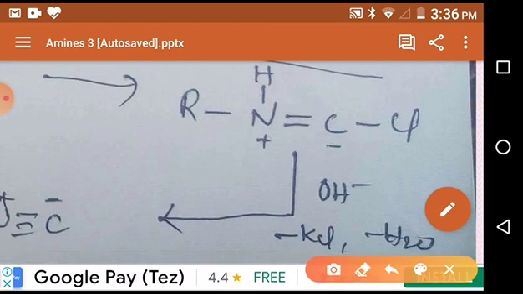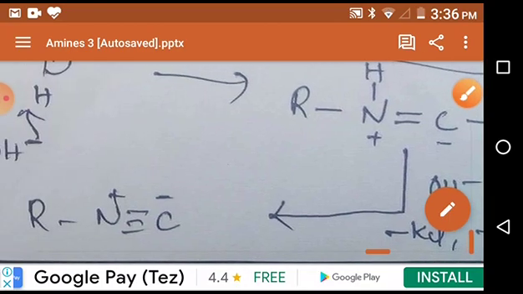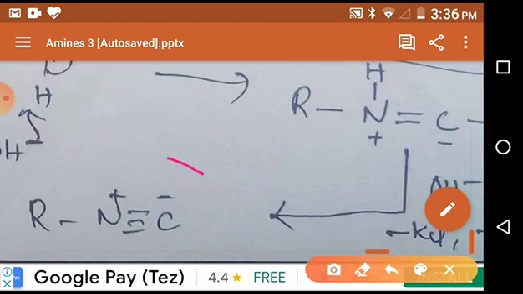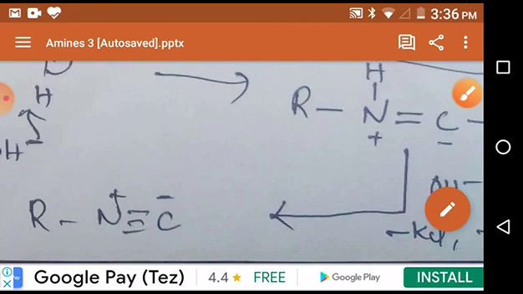So one more HCl leaves, forming KCl. The electron pair is attracted, and at the same time this goes as Cl minus. Nitrogen keeps its plus charge, and it forms the corresponding isocyanide. This is the mechanism for the carbylamine reaction.